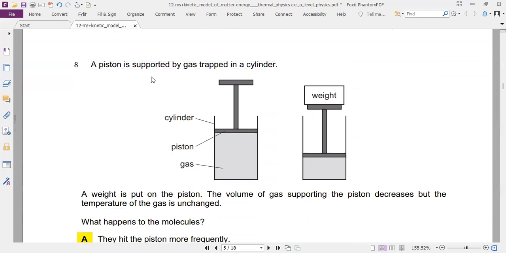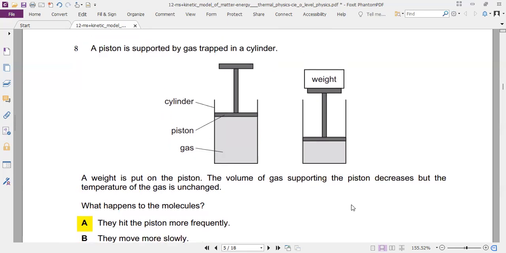Question number 8. So when you increase the pressure and the temperature does not change, what happens?